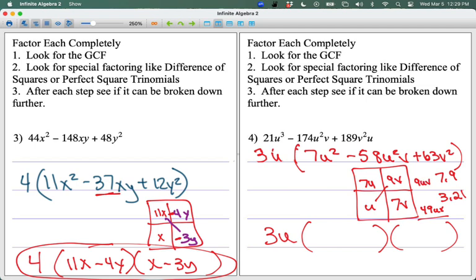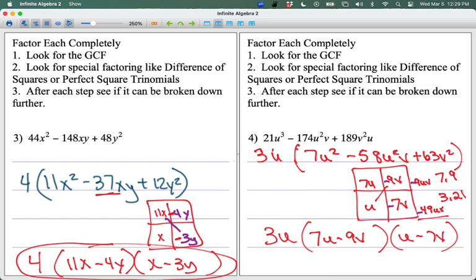That does give us the 58, but it needs to be negative. So I'm going to put them negative here so it can both be negative. Then we're going to go across for our answers. So we're going to have 7u minus 9v, u minus 7v, and we have the answer.